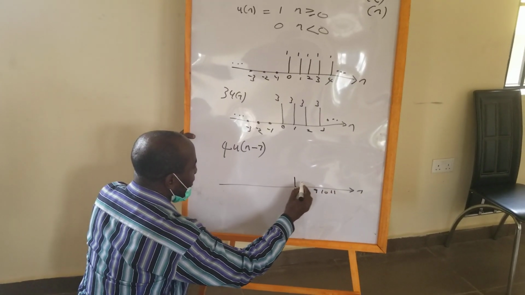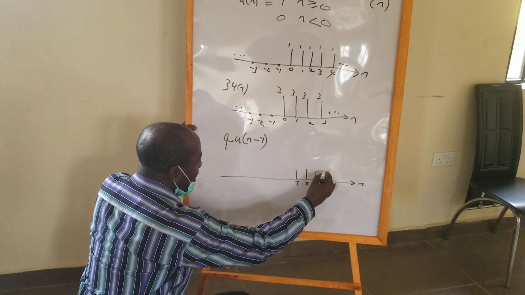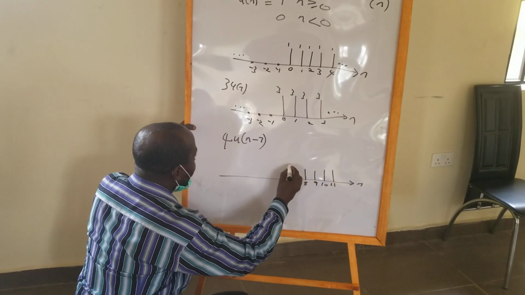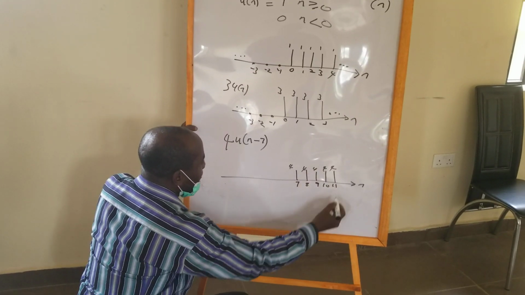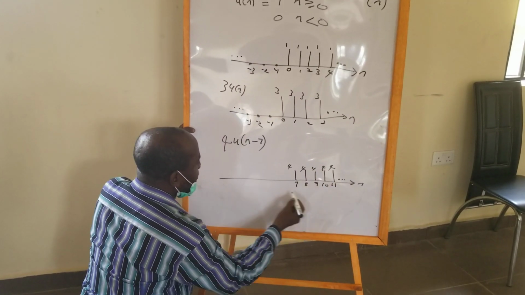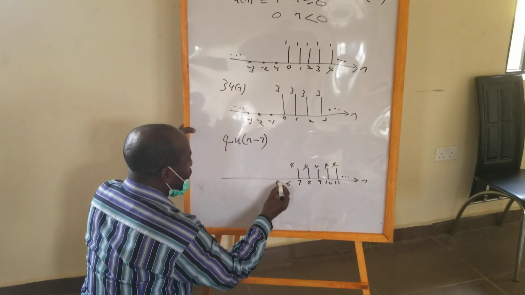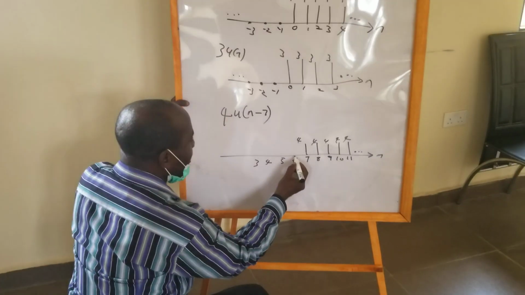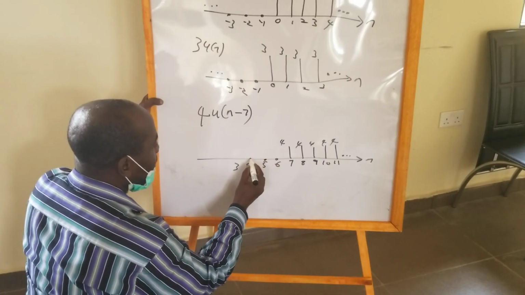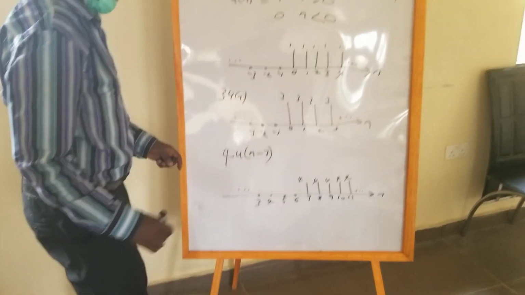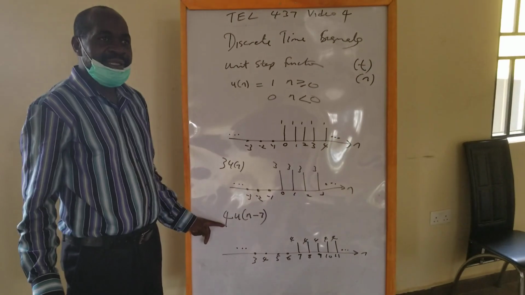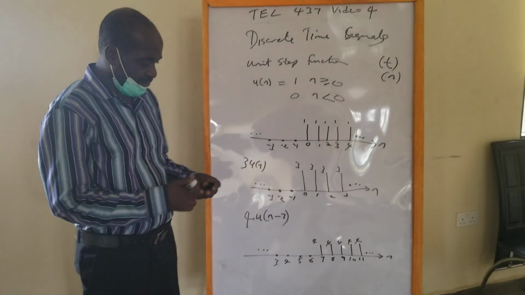The height of each of these is 4. This continues that way. At 6, 5, 4, 3, I'm going to have 0, and that trend continues this way. So I've introduced scaling and I've introduced shifting.